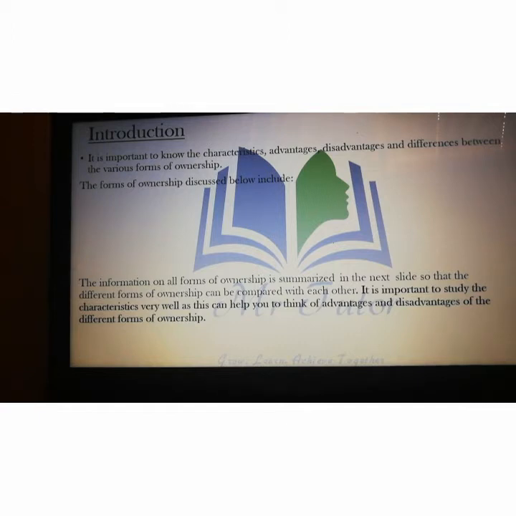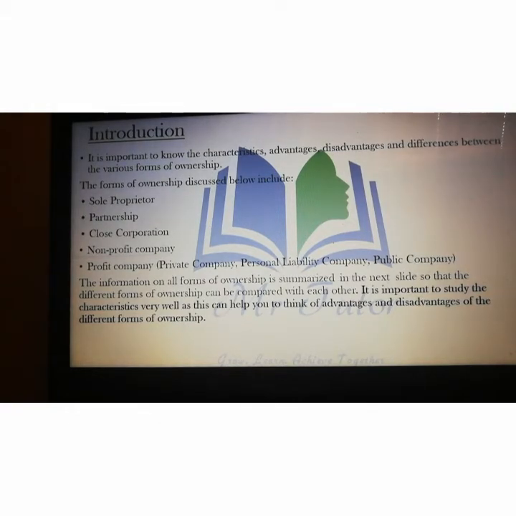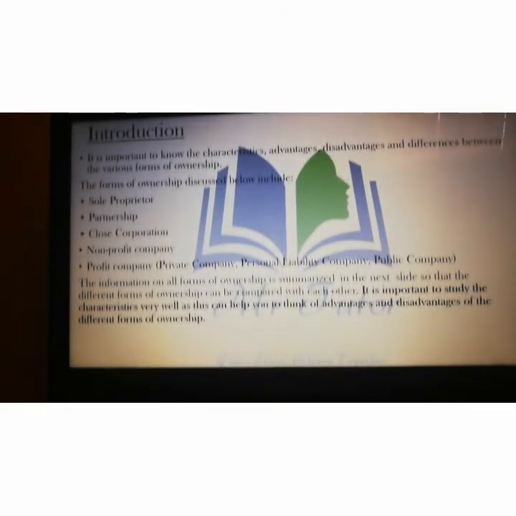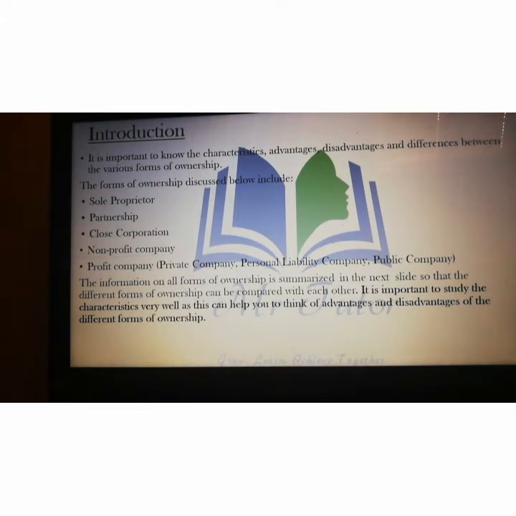The forms of ownership discussed below include sole proprietor, partnership, close corporation or CC, non-profit company or NPO, and then your profit companies: private company, personal liability company, or public company, Pty Ltd, for kinds of companies. The information on all forms of ownership is summarized in the next slide so that the different forms of ownership can be compared with each other.